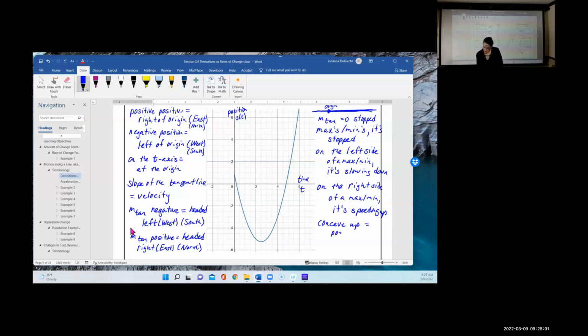Positive acceleration. Which is not always what we mean by putting our foot on the gas pedal. All right, that is not what I'm talking about. All right, that is speeding up.